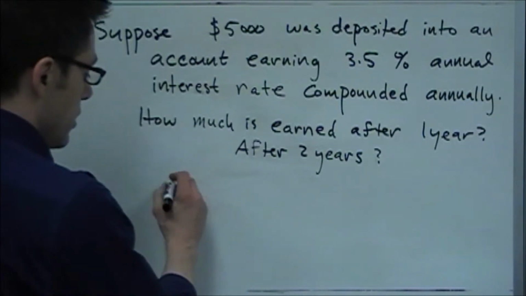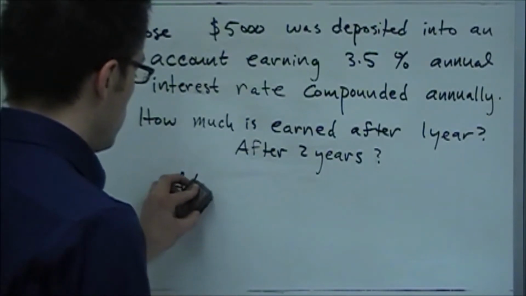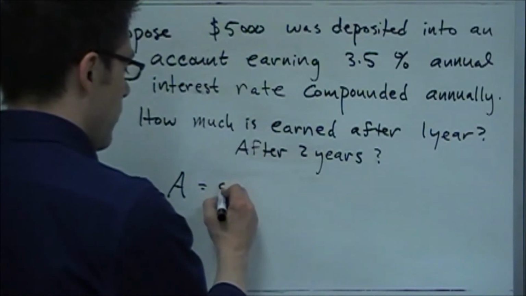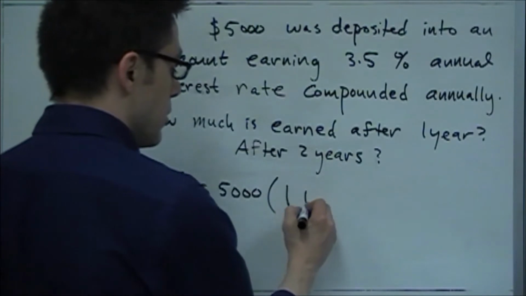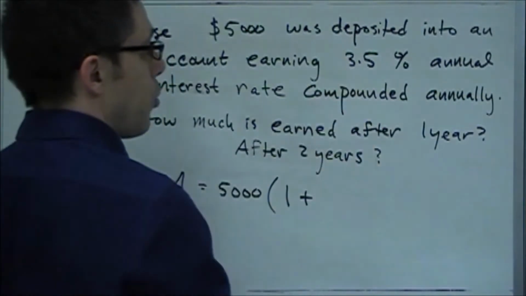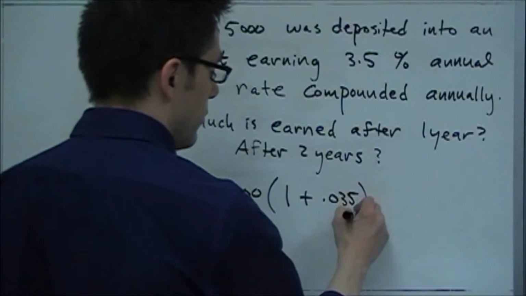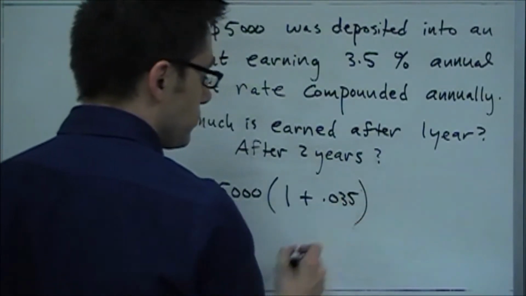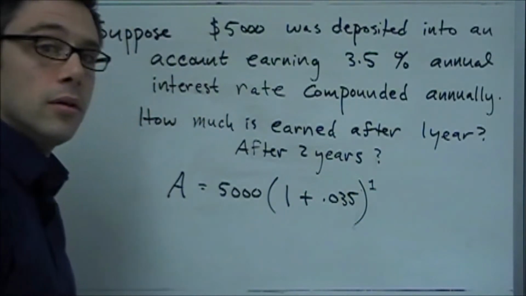The amount in the account after 1 year, so t is 1, equals the 5,000, which is my principal, multiplied by 1 plus 0.035, that's my interest rate per year, raised to the power of 1.